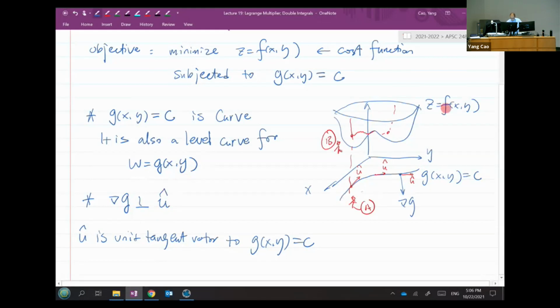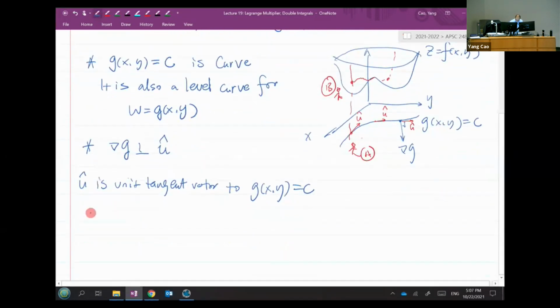Never mind the function z equal to f of x, y; if I just focus on this function here and calculate the gradient del g, it is perpendicular to the unit tangent vector at that location of the curve. That's one of the findings when we learned the gradient vectors. So that's fact number one: del g is perpendicular to u hat. Let's keep going.